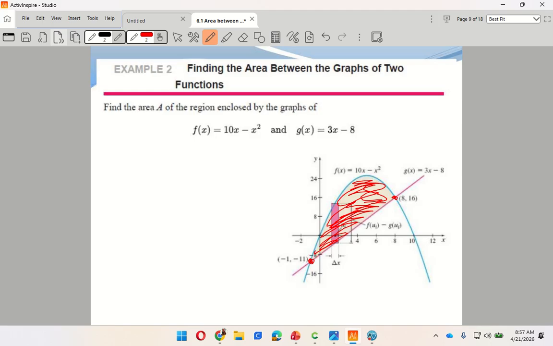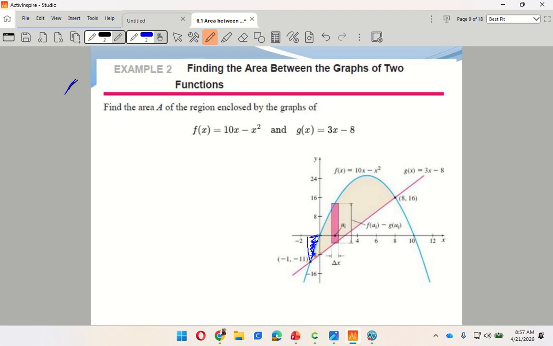Normally it's just the net area. Okay, let's look at the blue by itself. All that right there is negative, right?